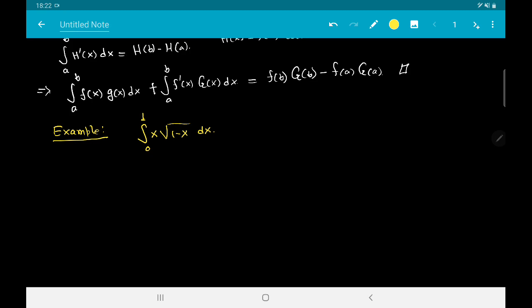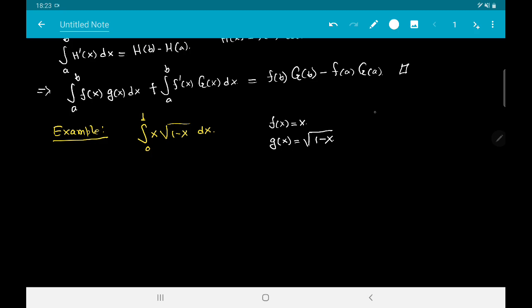Okay, so let us see. Here let us denote by small f(x) the function x, and g(x) the function 1 minus x.